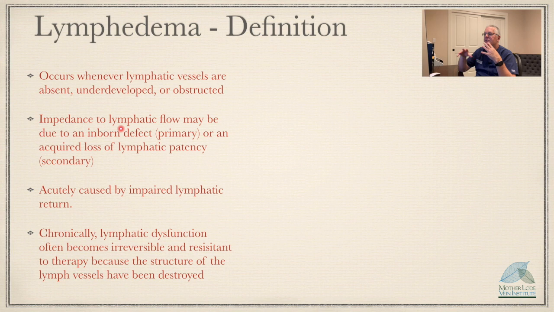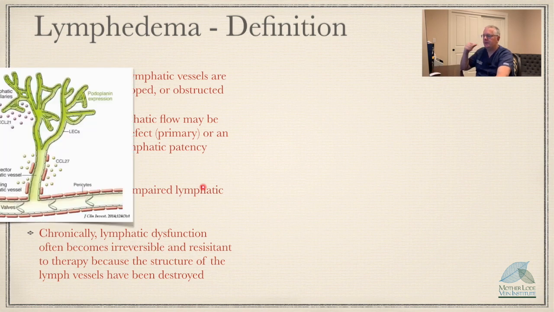When it occurs as a result of some secondary event, like an infection, cellulitis, surgical trauma, or if a surgeon has removed lymph nodes, we call that secondary lymphedema. Unfortunately, there's not really good surgical treatment for it, but we do have compression.